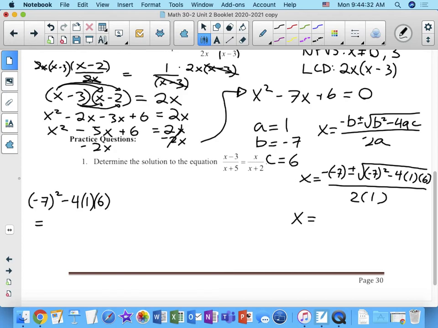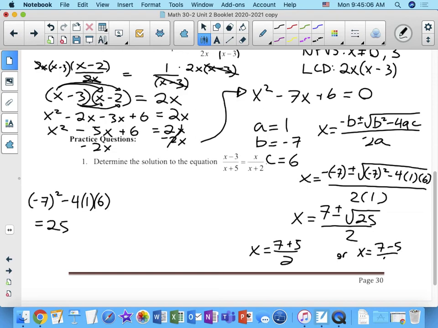So -7 all squared is 49, and this is 24. So this works out to be 25. Okay, so -7 is just 7 plus or minus the square root of 25 over 2. Okay, so we're going to get square root of 25 is 5. So we're going to get x equals 7 plus 5 over 2, or x equals 7 minus 5 over 2.